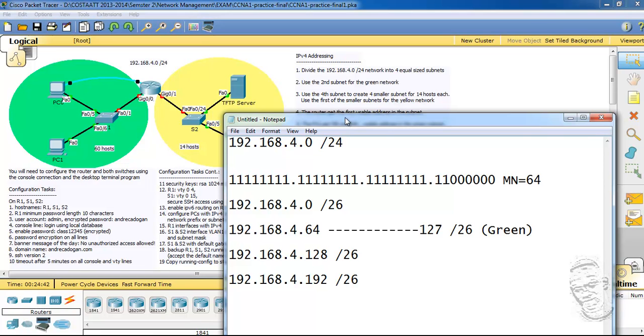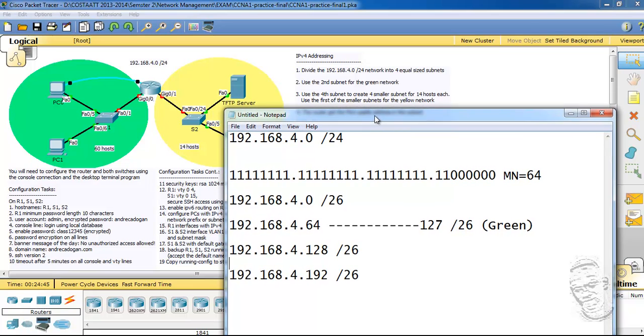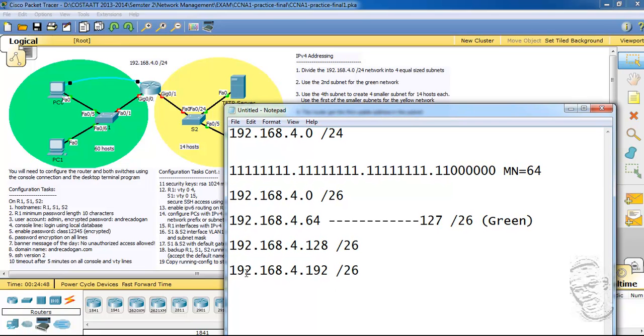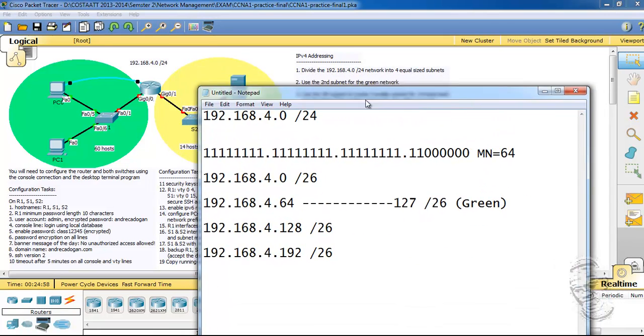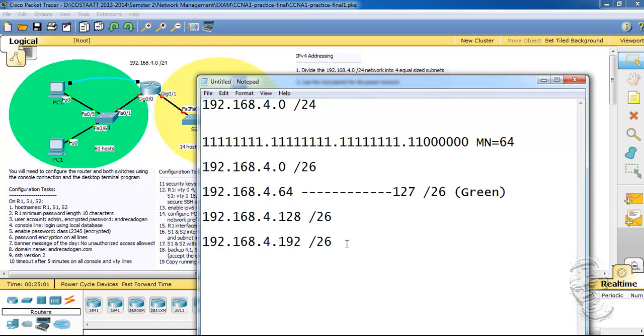So first, we will use the last subnet to divide up for 14 hosts each. We take this subnet, which is 192, and they ask for 14 hosts, so we have to borrow. Doing this from scratch: 1 to 8, 1 to 8, that is 16, 1 to 8, that is 24, and then we borrow 4 bits.